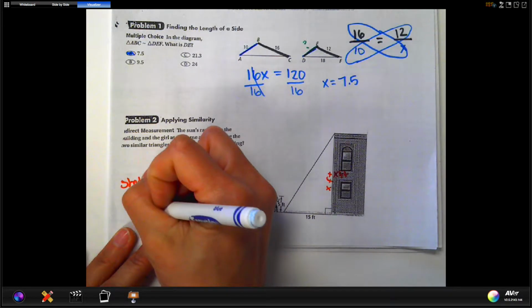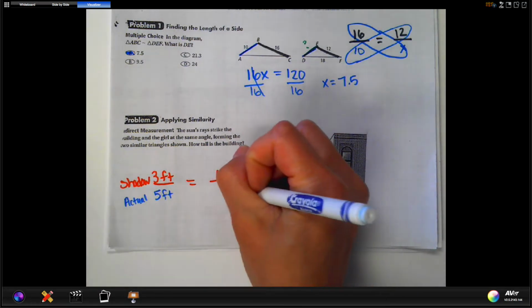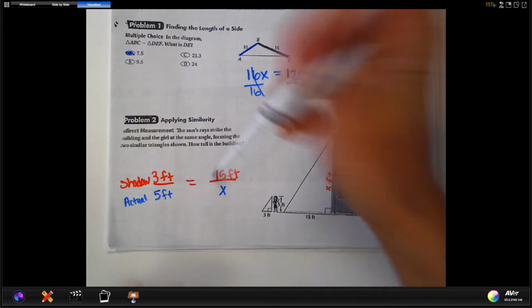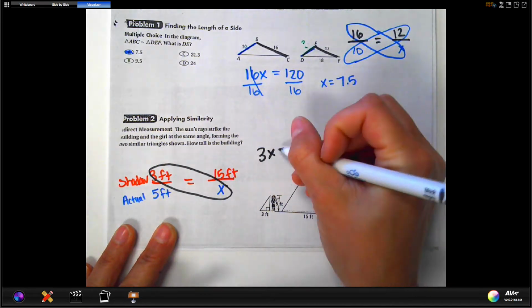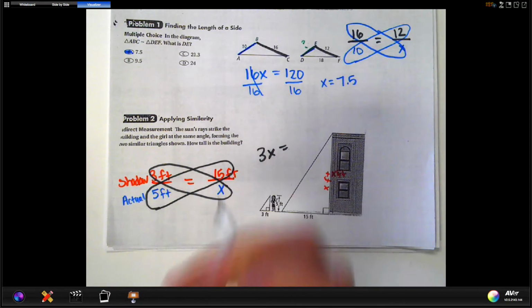So this is our actual. And we don't know the height of the building, so we use that as x. And we cross multiply like we did the last one and divide, okay? What gets multiplied? 3 and x, okay? So 3 times x equals now 5 times 15, which again, you can do that.